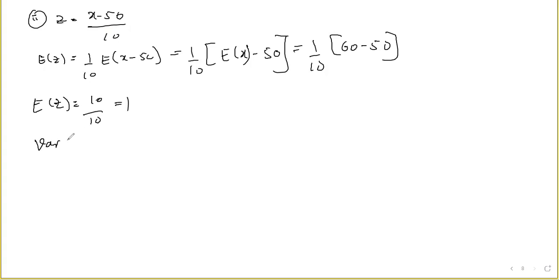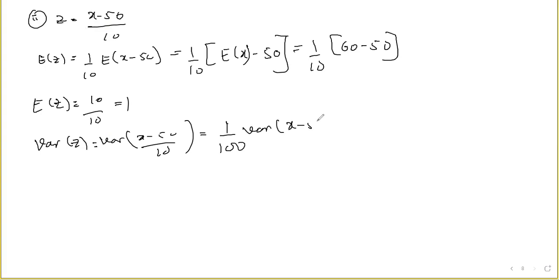Next, variance of z, which is equal to variance of (x minus 50) by 10. So it is 1 by a format, so it will be 1 by a square. This is 1 by 100 variance of x minus 50.